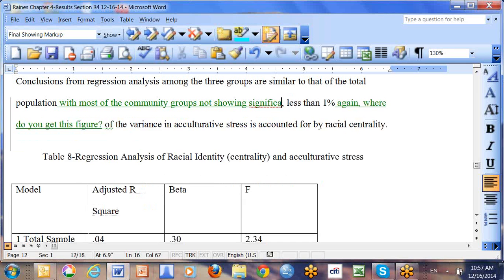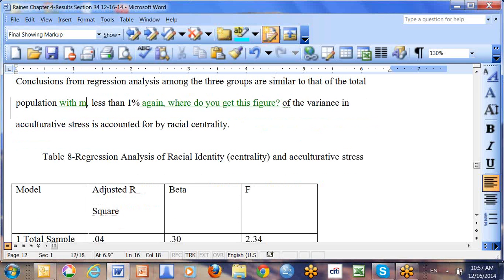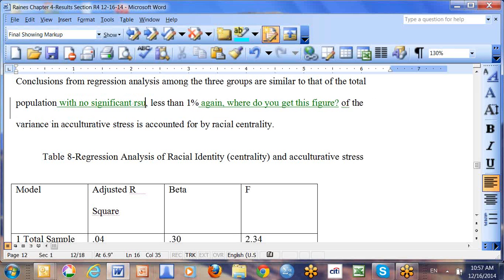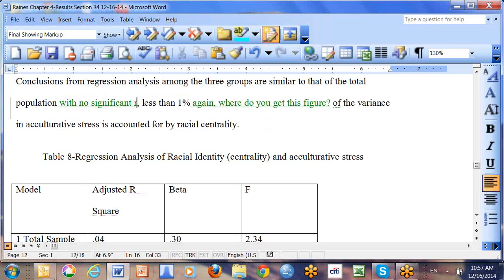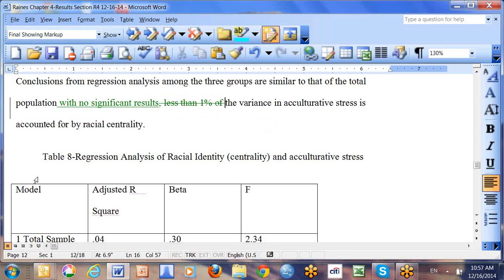Well, none of them were. Okay, then let's say that, with no significant results. And then leave it at that.